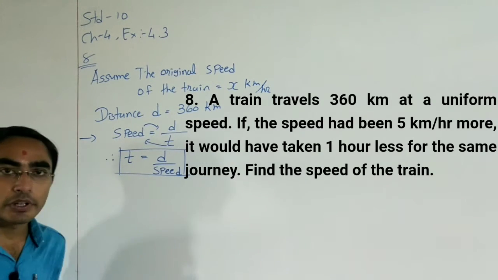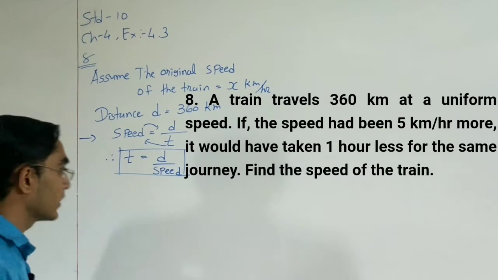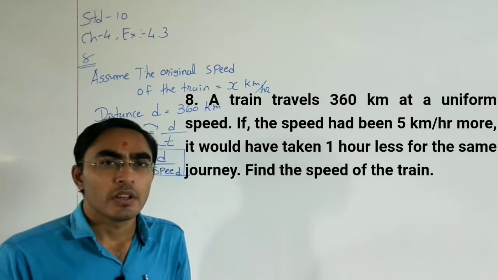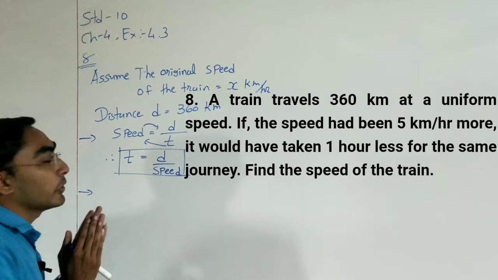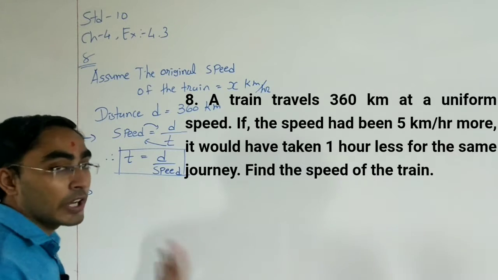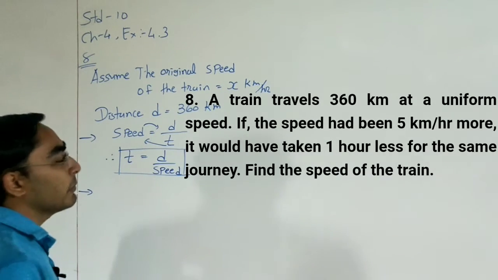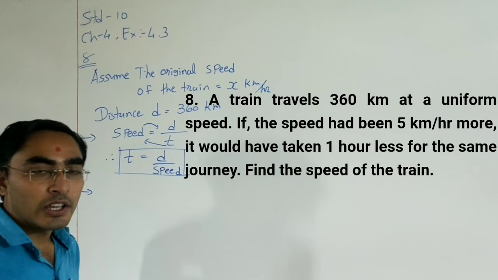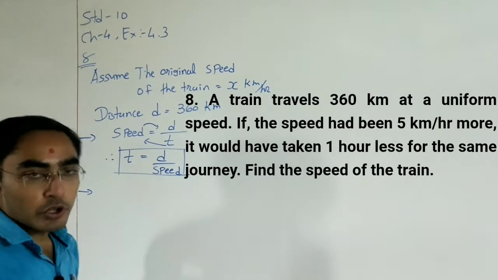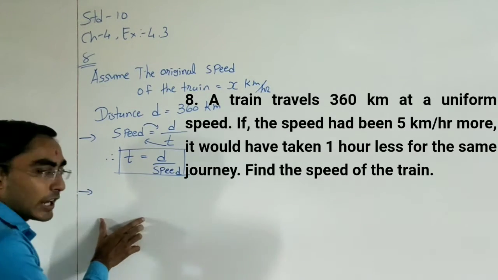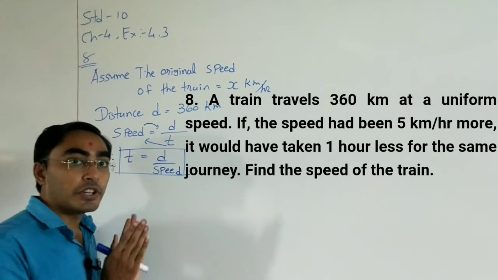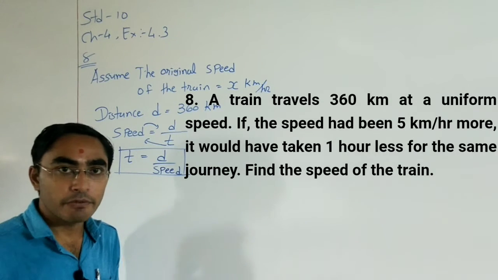Now we need to use this formula for the timing. What is the exact condition? The original time, that means the time required with the original speed, is more. After that we increase the speed, so the time is 1 hour less.